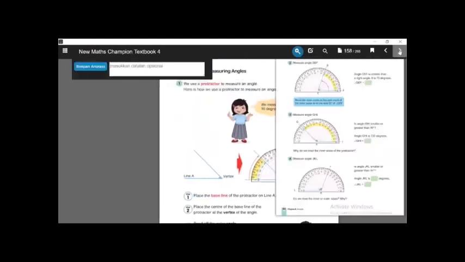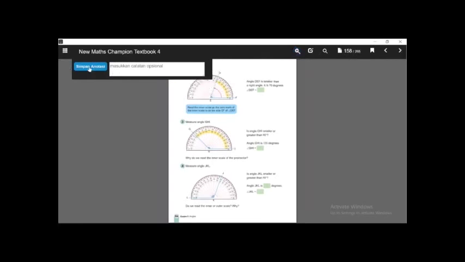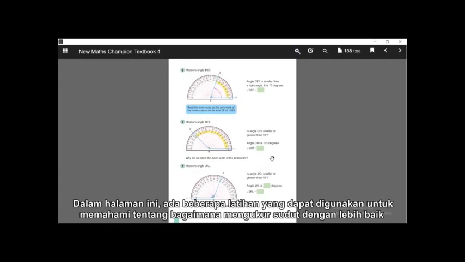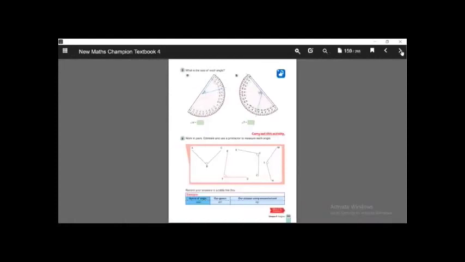Now let's check another page that is about practices of measuring angles. These are the quick practices that can help you to understand more about measuring angles. And we got icons here, so maybe we can check what it is.